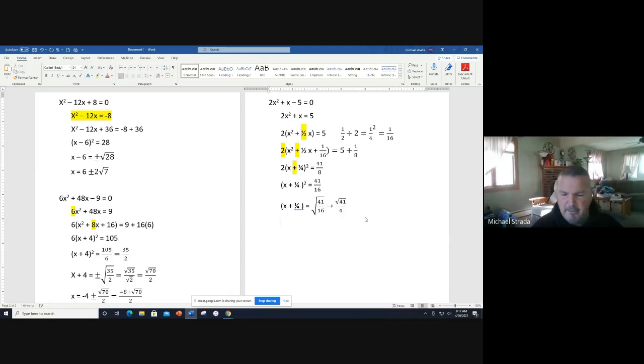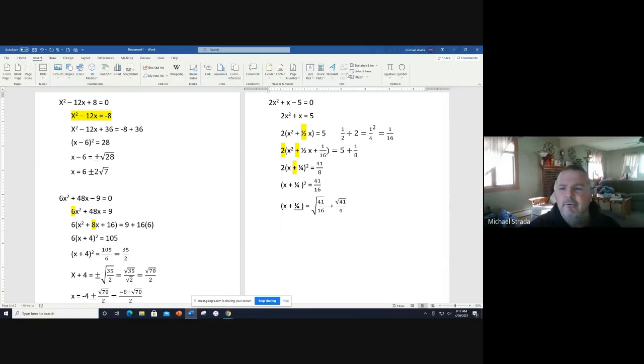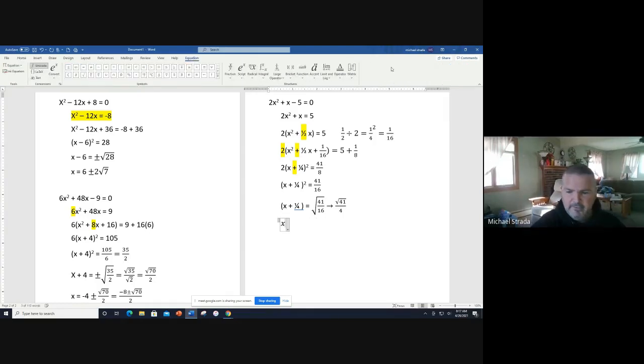And now, last thing, how do we get rid of the plus 1/4? We subtract it. So my final answer is x equals negative 1/4 plus minus. Got that there. Can't forget that. Negative 1/4 plus minus square root of 41 over 4.